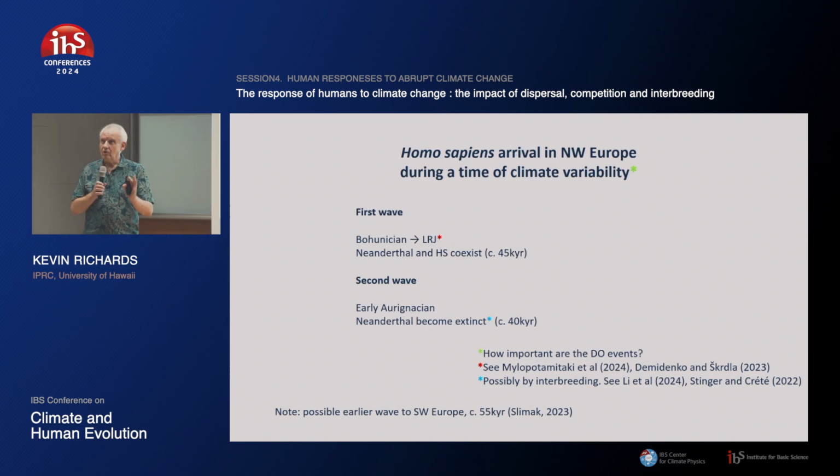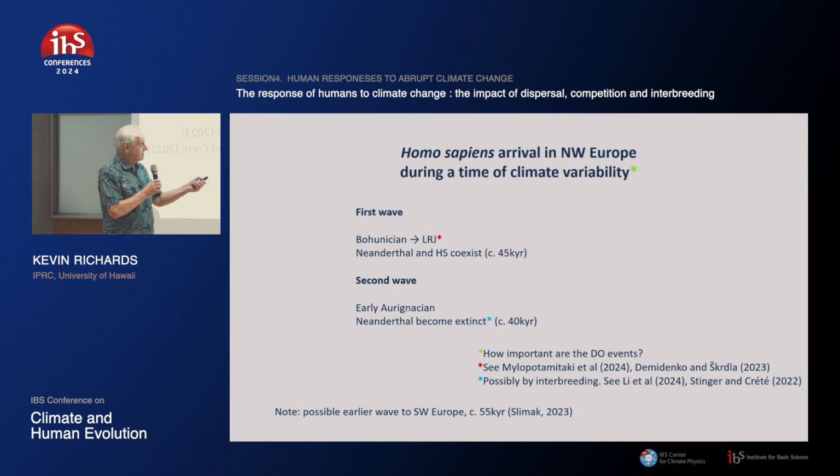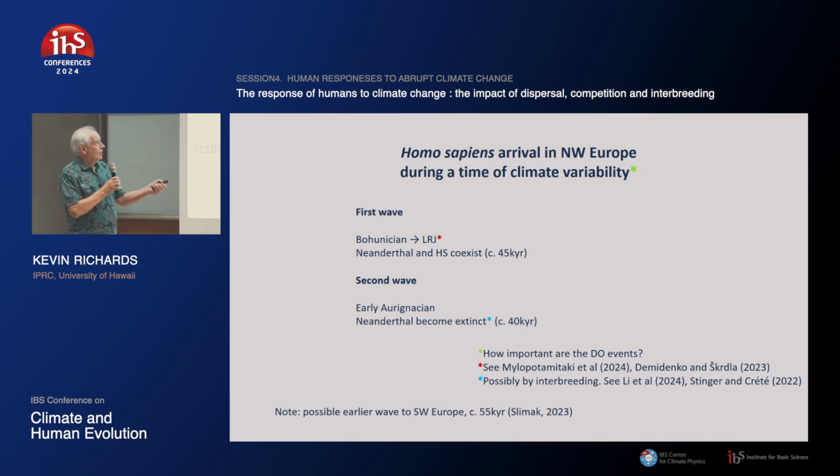So, we're going to concentrate on Homo sapiens arriving in northwest Europe during this time of climate variability. And looking at the techno-complexes, it appears that there were at least two waves. One arrived around 45,000 years ago, where, as we have already seen, this is a time when Neanderthals and Homo sapiens coexist.